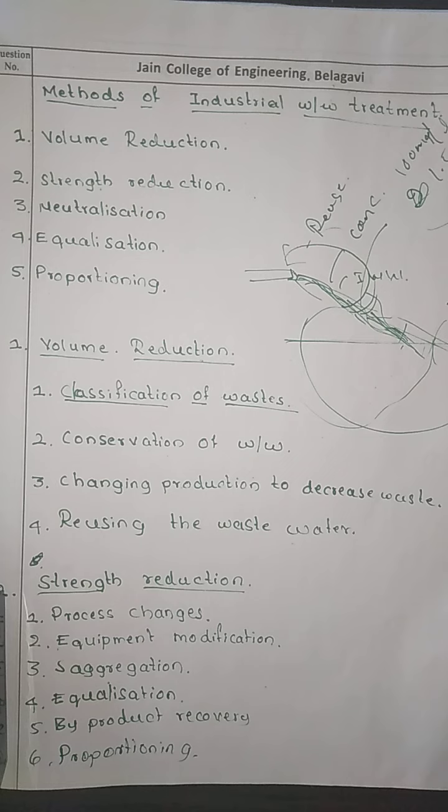For example, if the manufactured item requires an operation that takes 8 hours, the equalization basin is designed to hold the wastewater for 8 hours. The effluent from the equalization basin is much more consistent in characteristic, so that it can have stabilization.